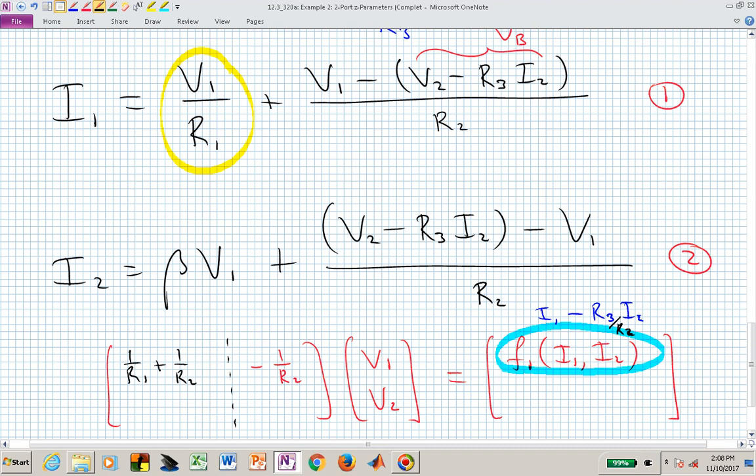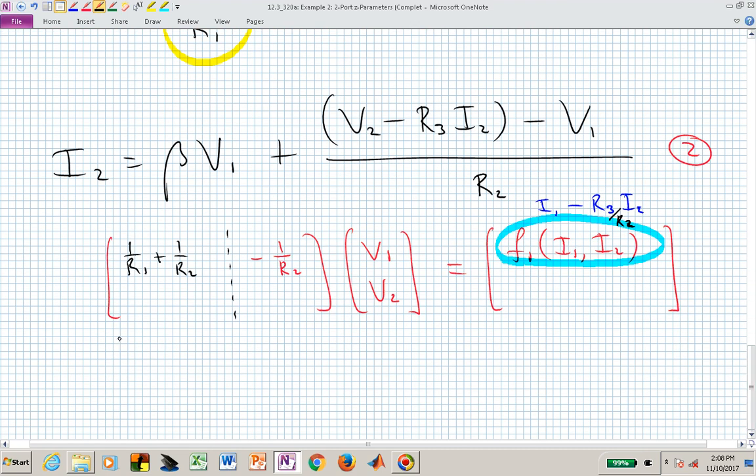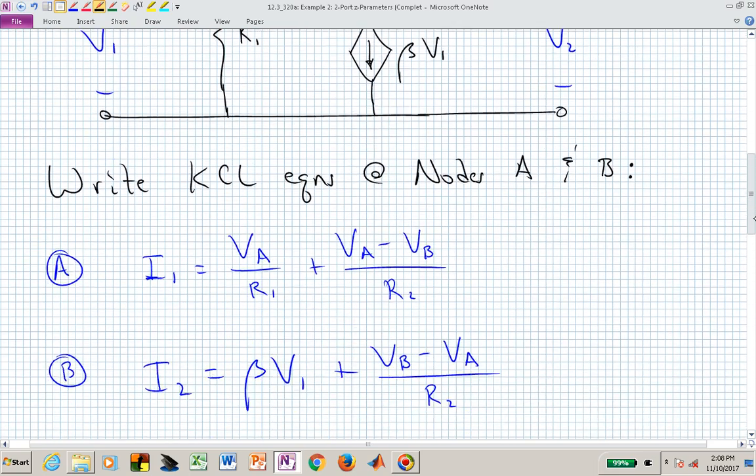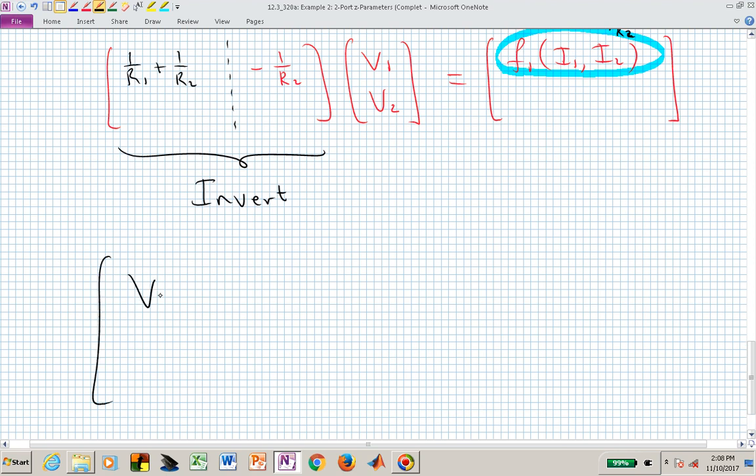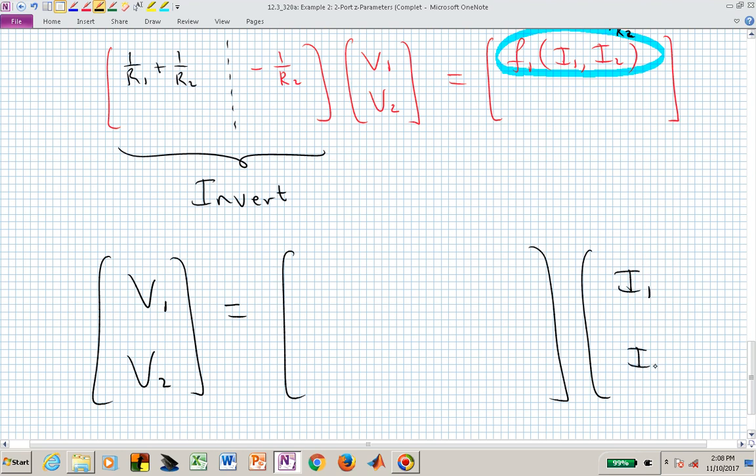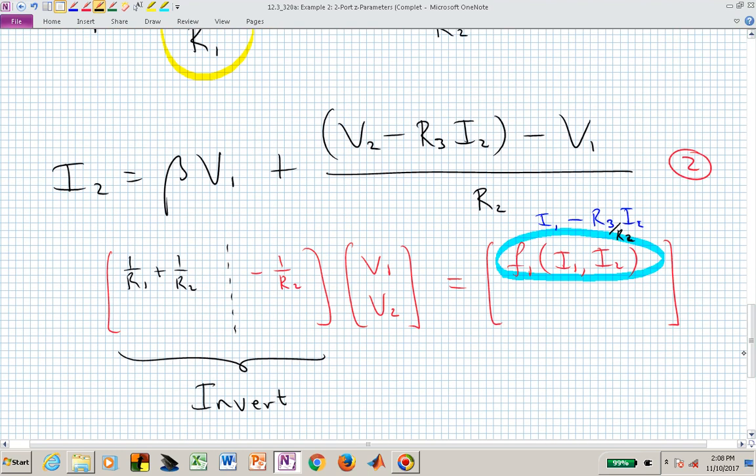And the reason I'm doing this matrix formulation is that I now want to actually invert this matrix that's some combination of R's and betas from this circuit, and that will then allow me to have V1, V2 in terms of something scaling I1 and I sub 2, which would then be 1 and a minus R sub 3 over R sub 2.